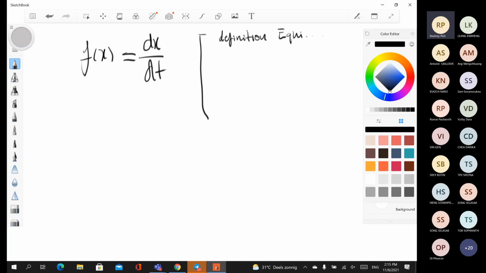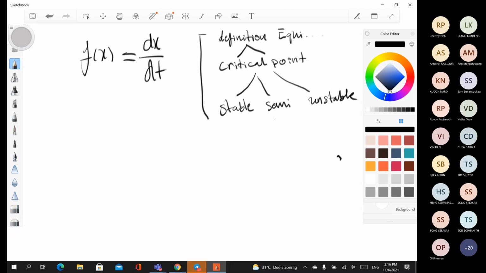The property of an equilibrium solution is the critical point, or you can say that our critical point can produce three different notions: stable, semi-stable, and unstable. And how can we identify those three notions?